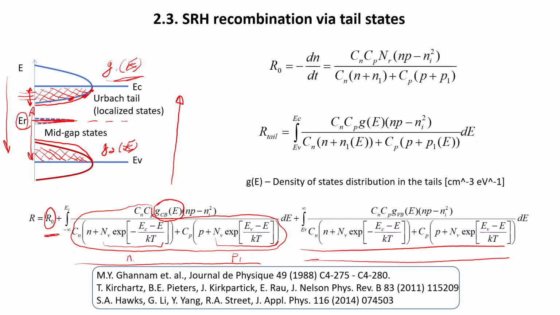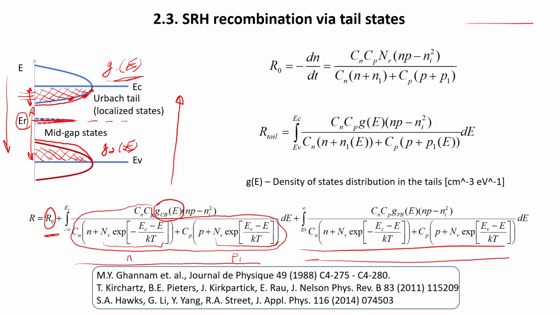However, at the same time, these tail states are much shallower. So they are located closer to the bottom of the conduction band and the top of the valence band, and their efficiency as recombination centers will not be so high. So it makes sense to introduce some quantitative parameter which will tell us, okay, we will divide the band gap into three regions.